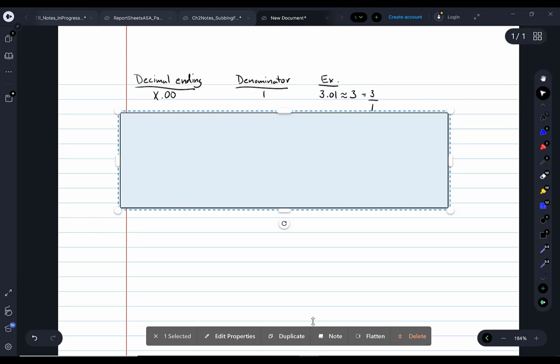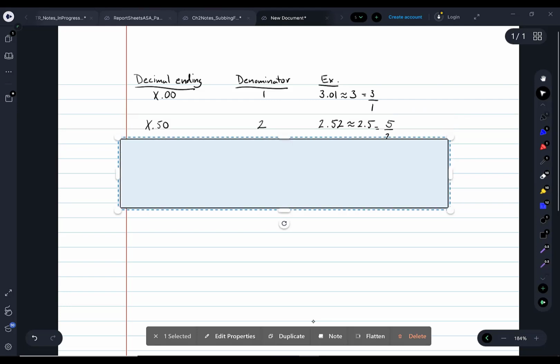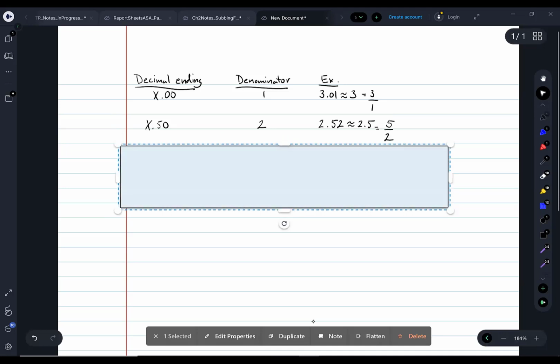What would you have if the denominator was 2? The decimal would have to end in 0.50, right? Or 0.5. About. These are all very approximate because there's lots of rounding built in.